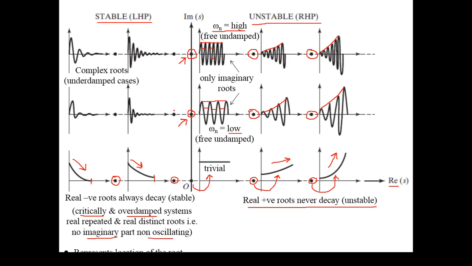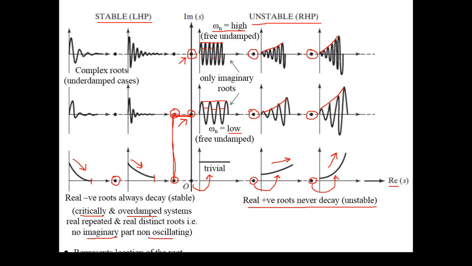Whereas if you look at these roots, this root especially has a real part as well as an imaginary part, because it is now plotted at a vertical distance. So it has this imaginary part and this negative real part.